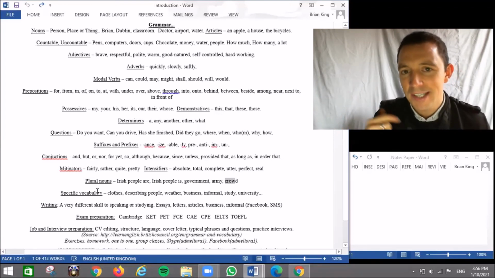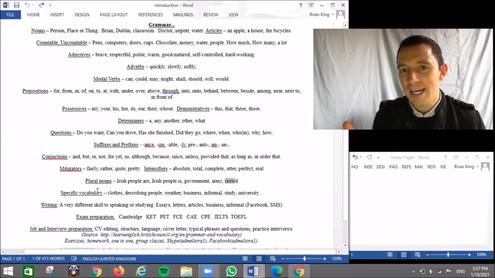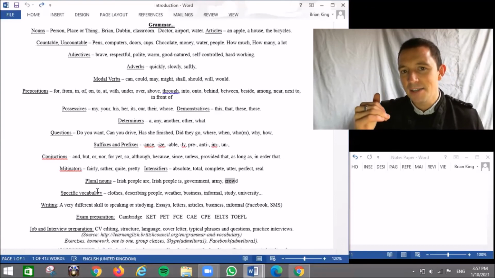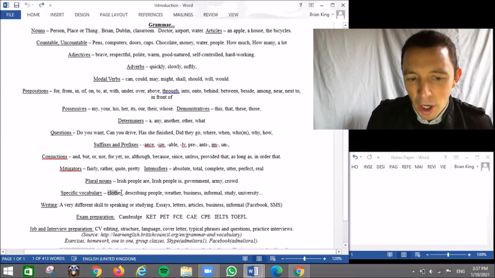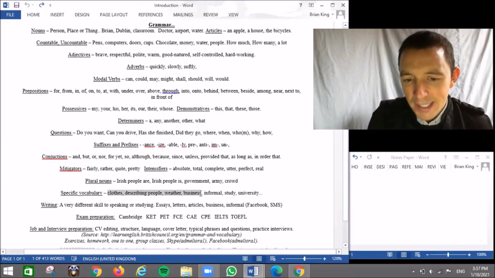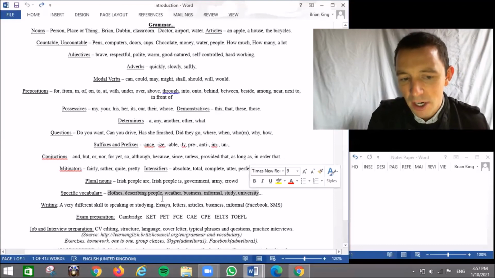And cuando enseño, es el mismo. It's possible to teach and dar listas de vocabulario muy típico y muy específico, okay? For example, vocabulary for clothes, ropa, people, weather, business, informal vocabulary, study, university, okay?